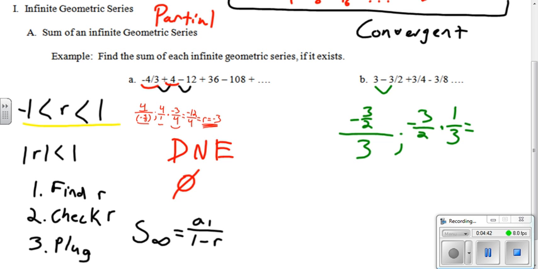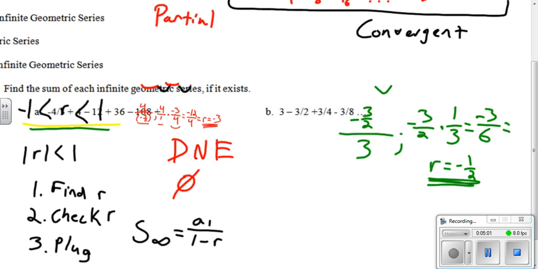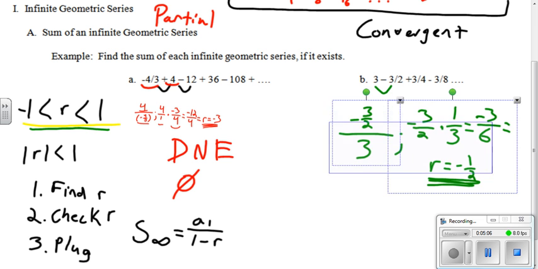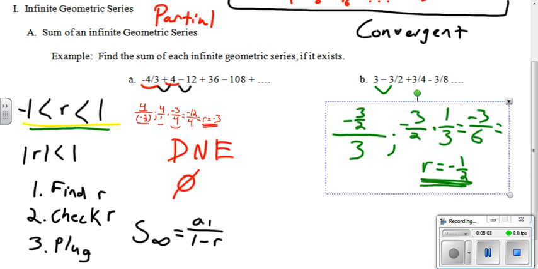So in the end it comes out -3 over 6, which is the same as saying R equals -1/2. Now -1/2 is between our values of -1 and 1. So this one does have a sum, so let's go ahead and find what that sum is.